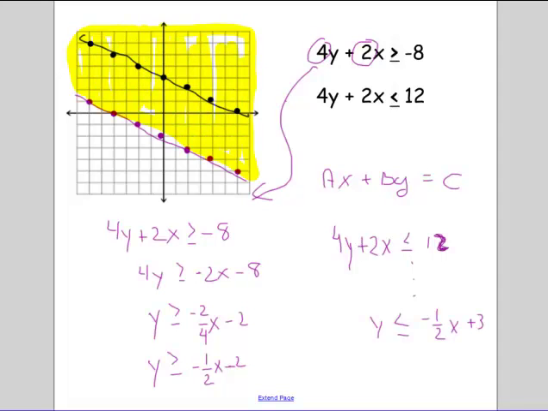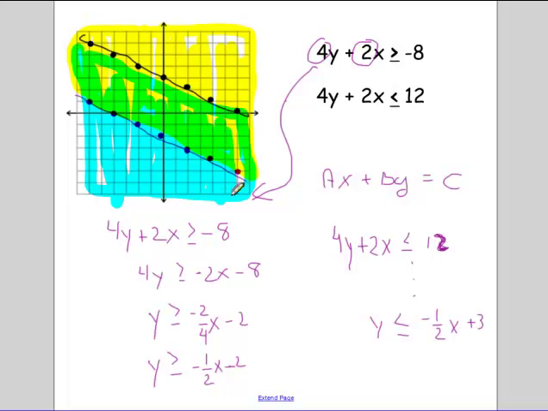And then the next one, blue, it's going to be less than this equation that had the y-intercept of 3. So it's this, and remember that the intersection of the two is the answer, so right here.